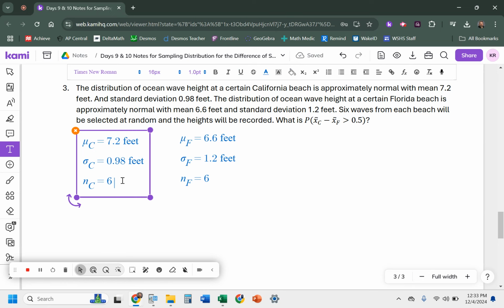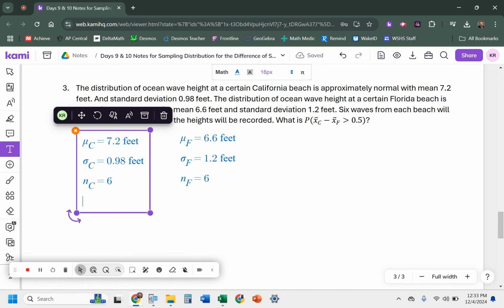Now, when I turn these into a sampling distribution, I know from an earlier study, when I look at a sampling distribution of simply sample means, that the mean of the sampling distribution of the sample means, that is still a mouthful, in other words mu sub x bar of C, is just going to be equal to the population mean.